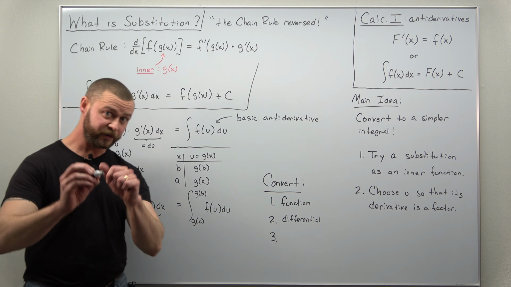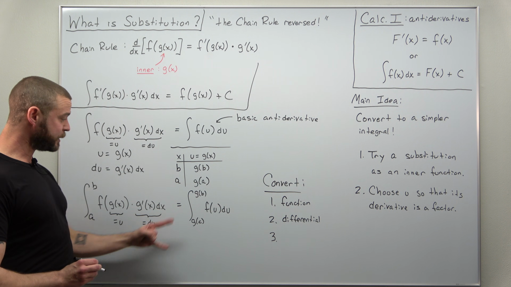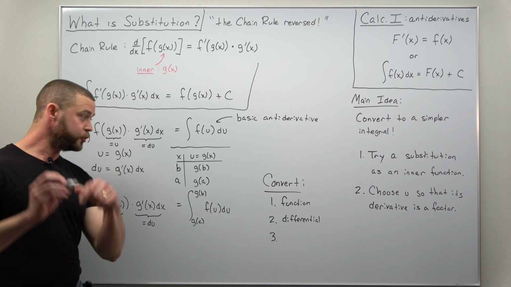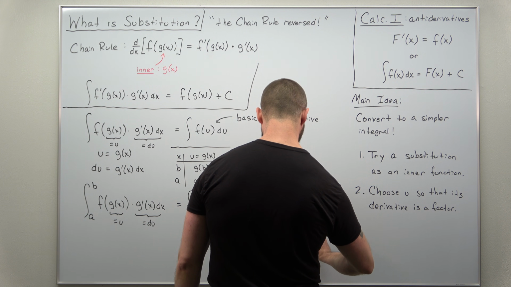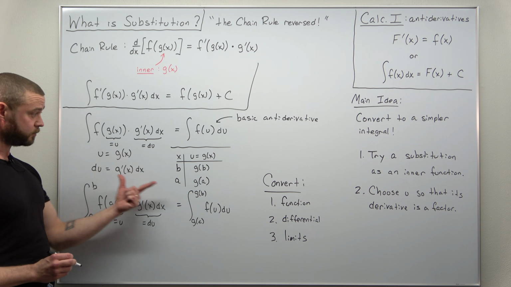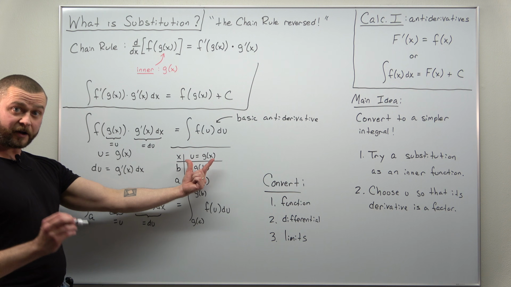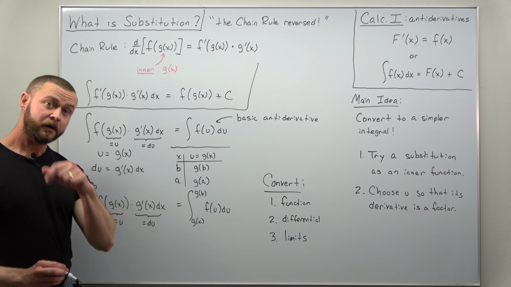And the last part, what we saw here, is we converted the limits from x equals a to x equals b to new u limits. And again, we did that using our substitution here, just plugging in our values for x to our substitution, u equals g of x. And there we go.